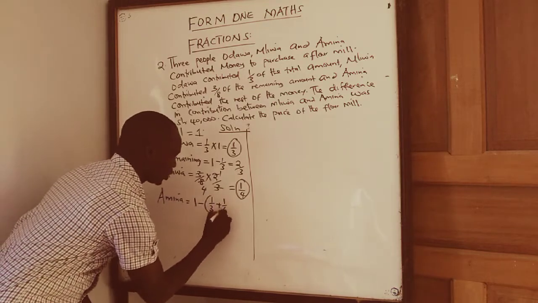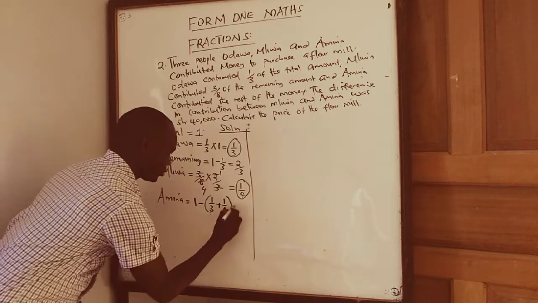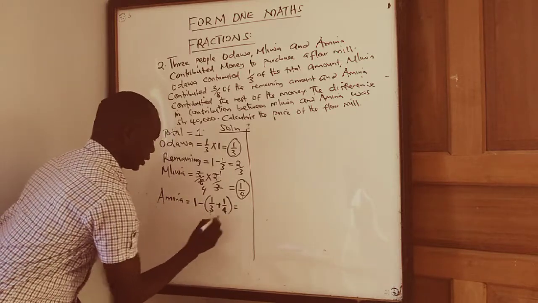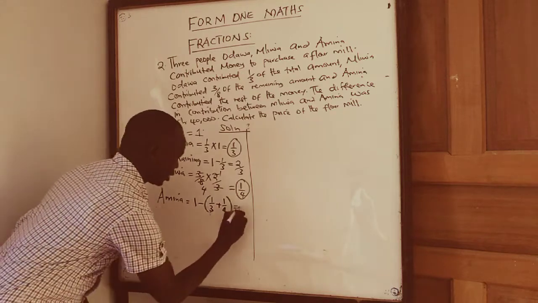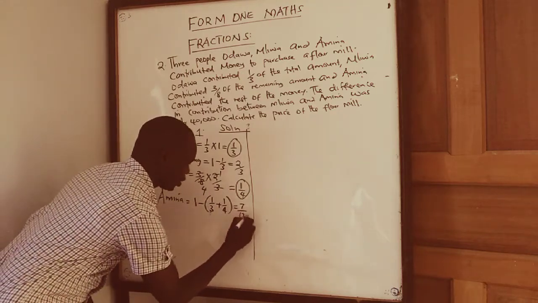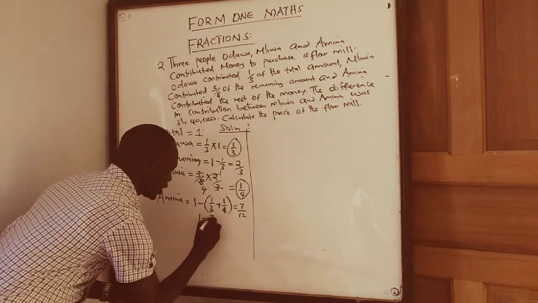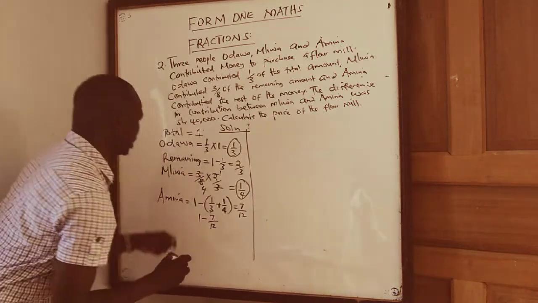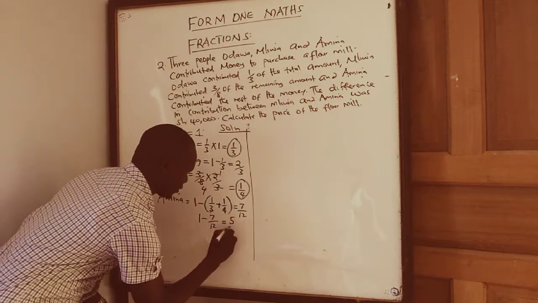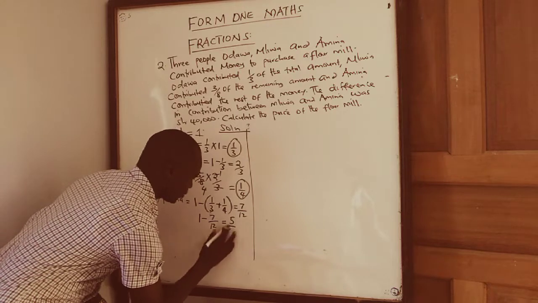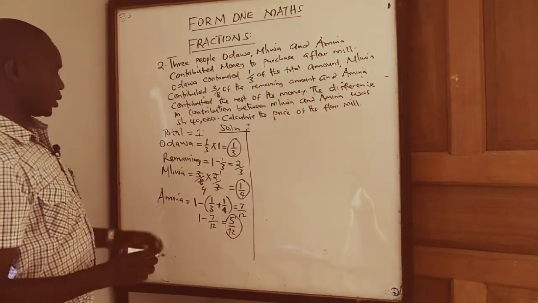We add a quarter, and a third plus a quarter gives us 7 out of 12. Then the remaining amount will be 1 minus 7 over 12, and this gives us 5 out of 12, and this is the fraction that Amina contributed.